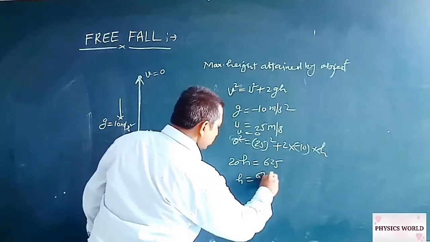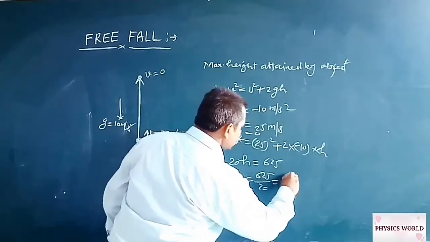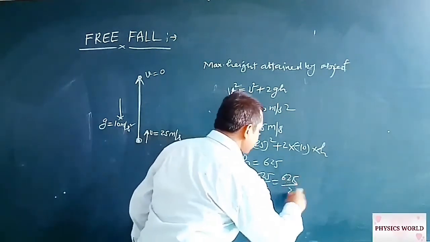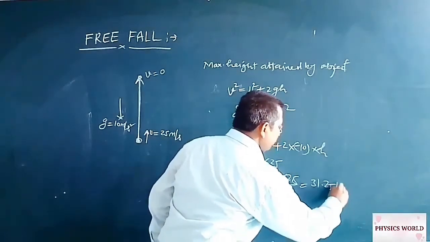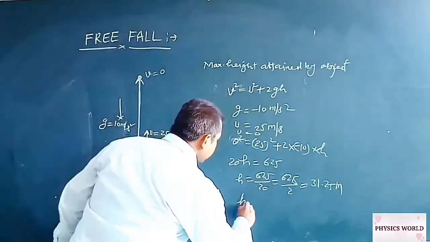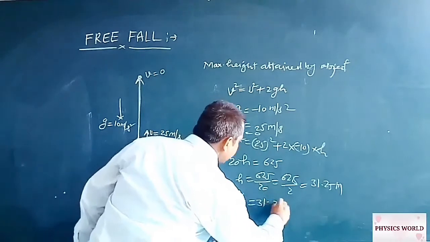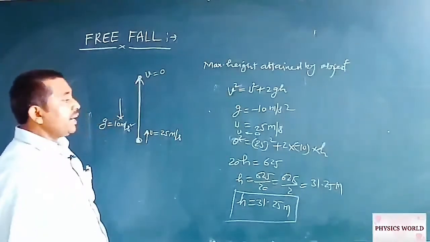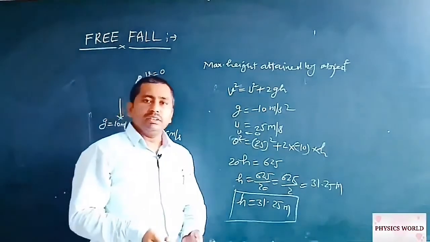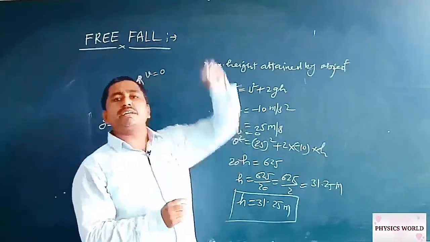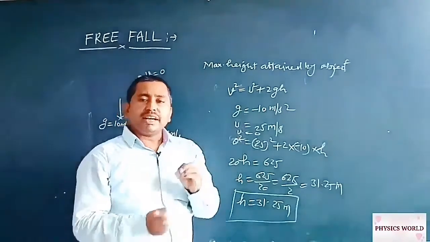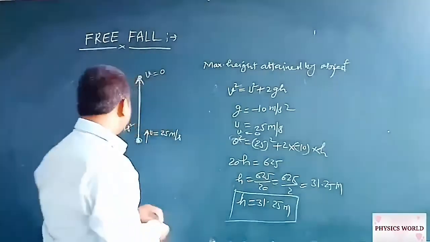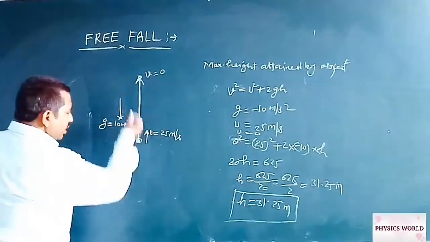So h equal to 625 divided by 20, that will be equal to 62.5 divided by 2, that is 31.25 meter. So the maximum height attained by the particle, where its velocity becomes 0, is 31.25 meter. Okay, so the object will move and travel some height during its motion.